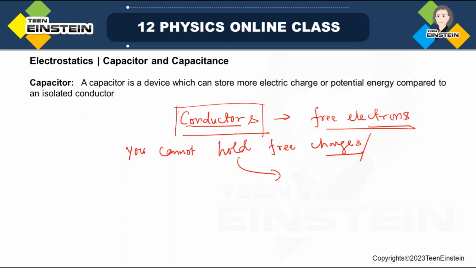So if we want to store free charges, the only way is to put the charge onto the conductor, and that conductor will hold the charge. But conductors also have their limit.